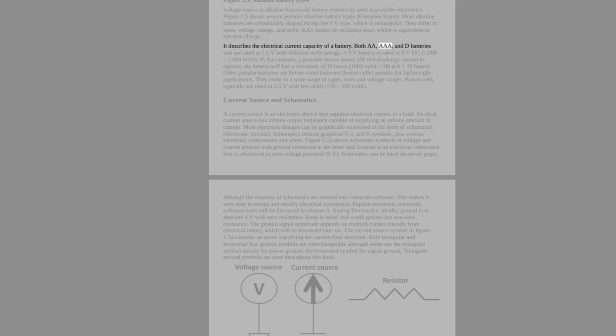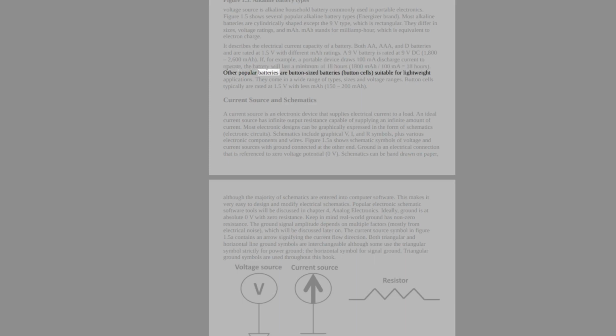AA, AAA, and D batteries are rated at 1.5 V with different mAh ratings. A 9V battery is rated at 9V DC, 1800 to 2600 mAh. If, for example, a portable device draws 100 mA discharge current to operate, the battery will last a minimum of 18 hours. 1800 mAh/100 mA equals 18 hours.